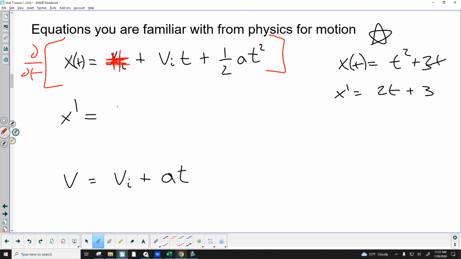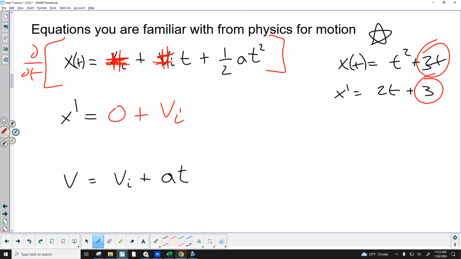Its derivative is 0. This is a number. What do you say is the derivative of a number times x? It'll be the same as the derivative of a number times t. What would be the derivative of this? Write it down. The derivative of 3t is 3. The derivative of v sub i t is v sub i.